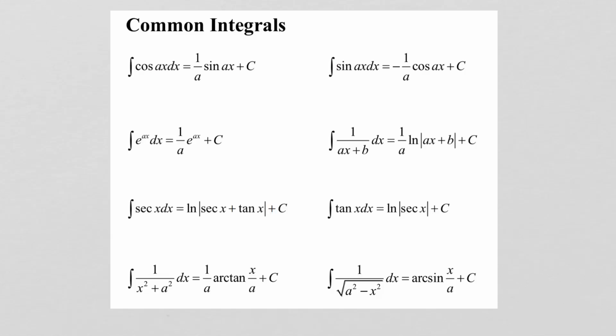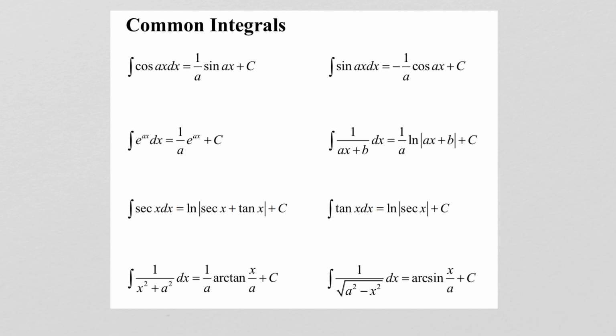Now, one final thing to bring up here, I would like for you to think about memorizing the following common integrals. These are integrals that will appear very often in Calculus 2. So I won't bother with reading all of these, but I want to show you why at least one or two of these are what they are.